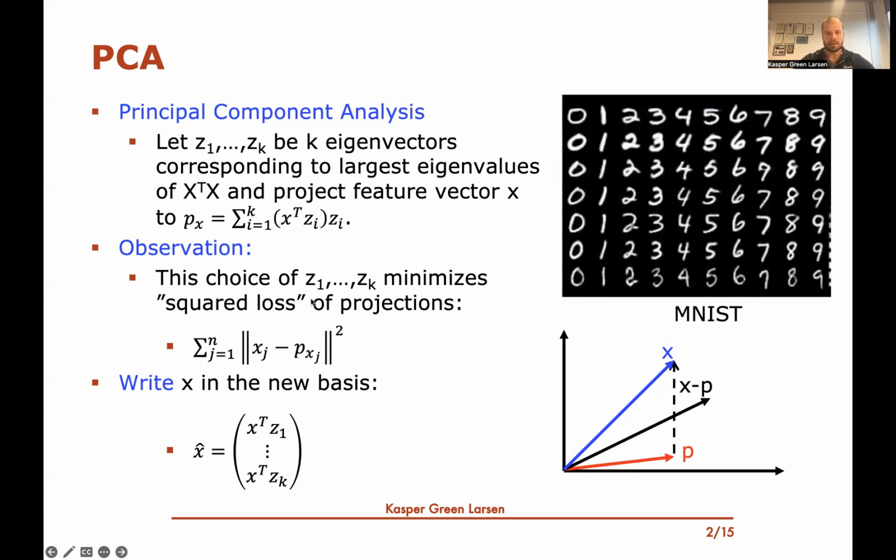Among all sets of orthogonal unit vectors, the best possible choice is these k eigenvectors corresponding to the largest eigenvalues. And to reduce the number of features, we could write x in this basis by writing the vector that has one entry for each of these k basis vectors, containing the corresponding coefficient if we write it as a linear combination over the basis vectors. This is all what we saw in the previous videos.